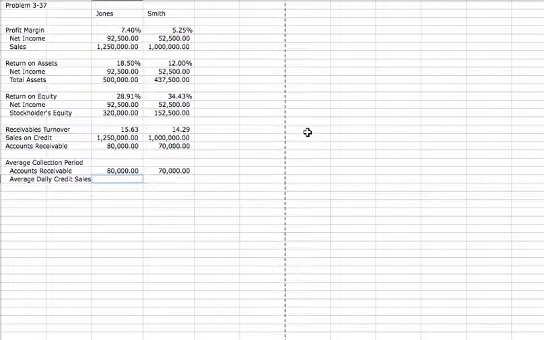In average daily credit sales, for Jones Corporation it's going to be the amount of sales, oops, sorry, that's 1,250,000 divided by 365. And for Smith Corporation, it will be 1 million divided by 365.